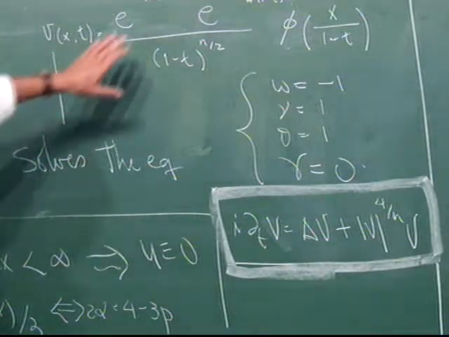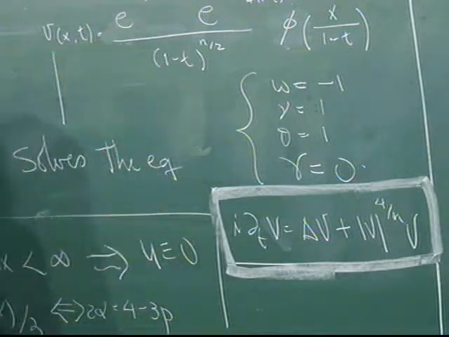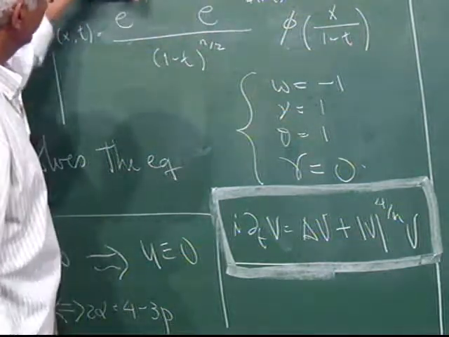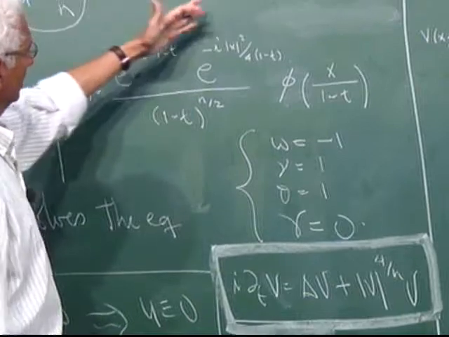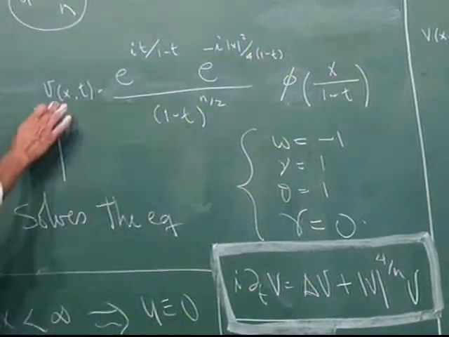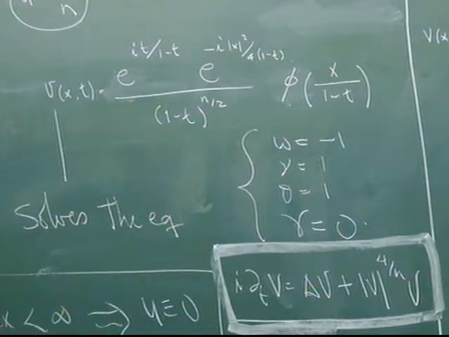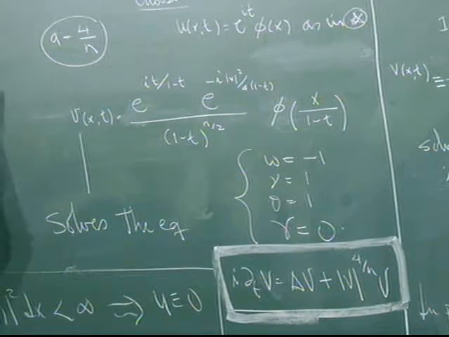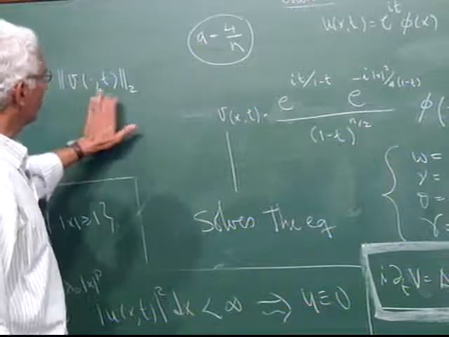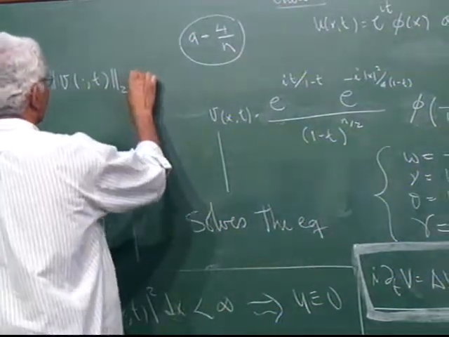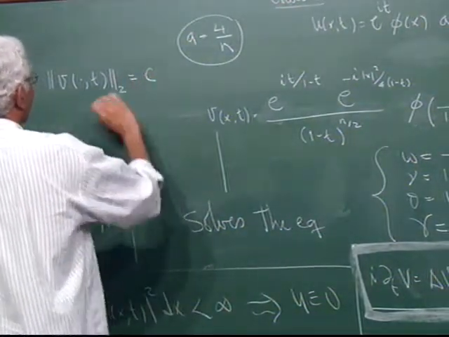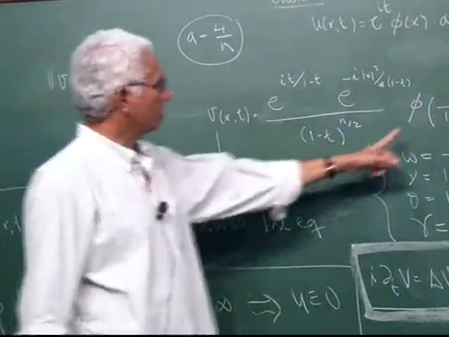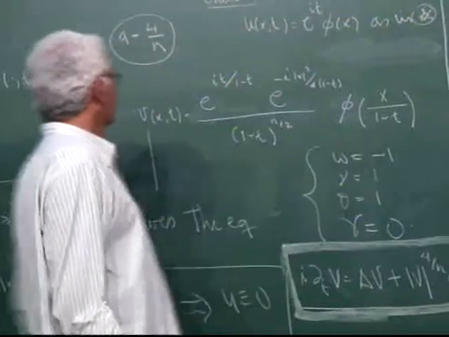Question: where does this solution live? Okay, this is a number. What happens with the absolute value of this? If you compute the L2 norm of this, you have a constant, independent of time. You are going to change variables to compute the L2 norm.